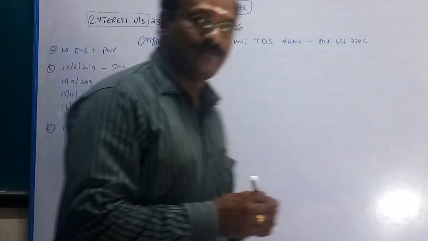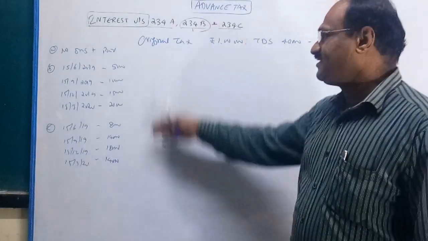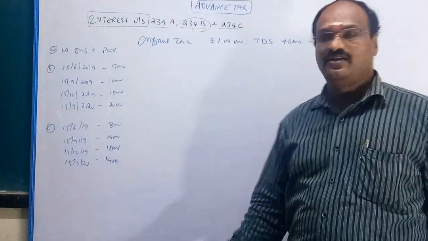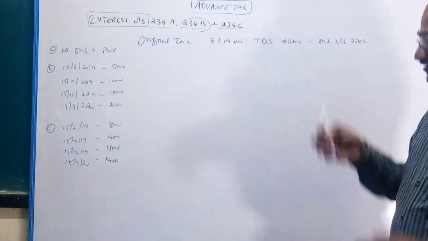Okay, listen carefully. Three cases are given. First, there is no installment at all. Tax liability is 1 lakh, TDS 40,000.